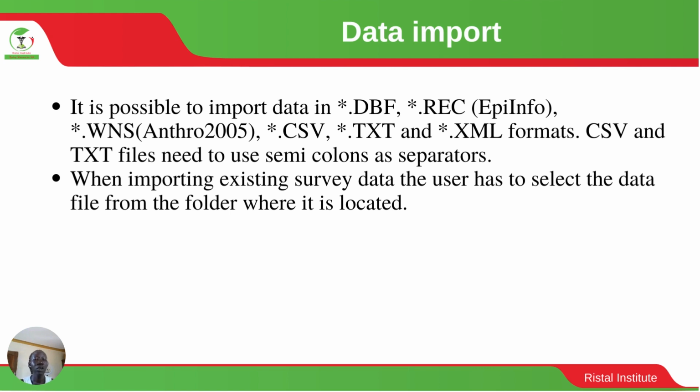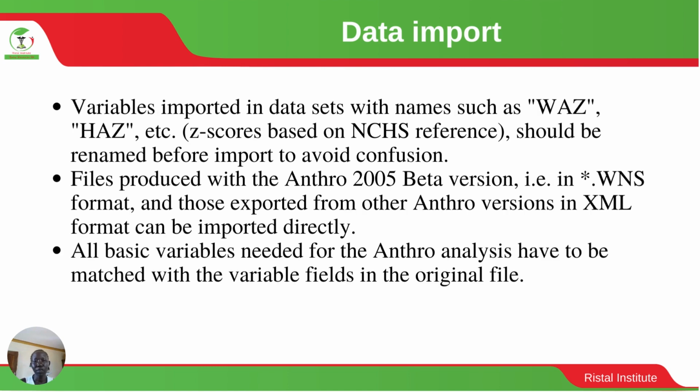And when importing existing survey data, the user has to select the data files from the folder where it is located. The variables imported in data sets with names such as weight for age z-score, height for age z-score, and the rest are based on NCHS reference. These ones should be renamed before import to avoid confusion with the standards already present in WHO reference.